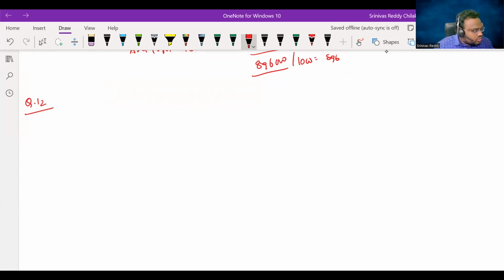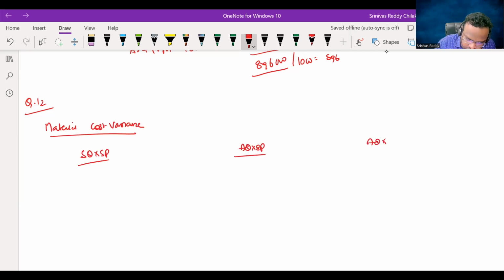So material cost variance. Standard quantity into standard price. Actual quantity into standard price. Actual quantity into actual price. So what they said, standard price is how much amount? 24. Actual price is 22.